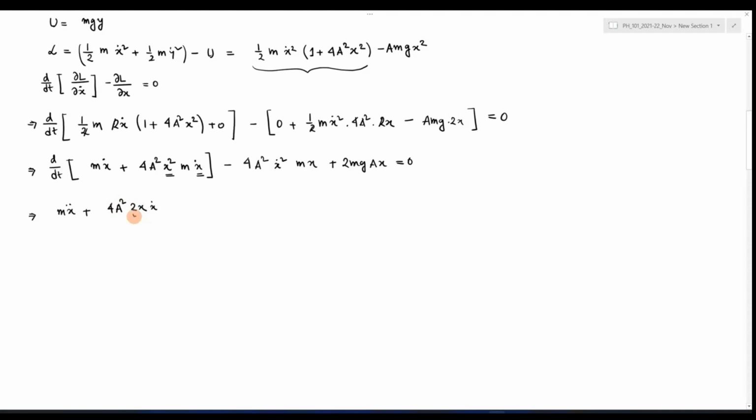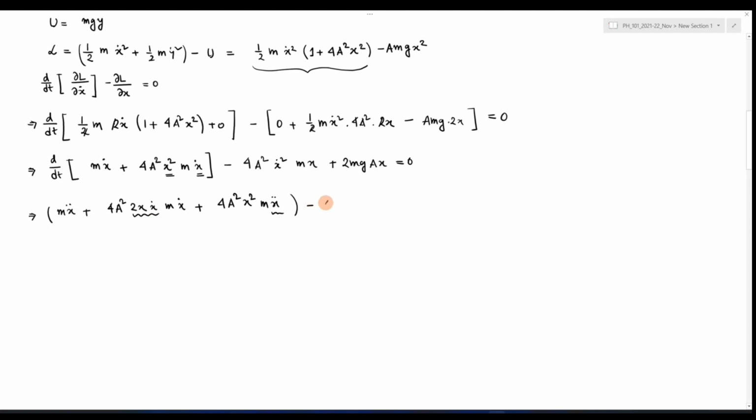This is fine or not, you check. Okay, m x dot, the first term is this, plus 4a square x square m x double dot. We are doing the u into v product rule. Check whether this is fine or not. Can you understand this or not?